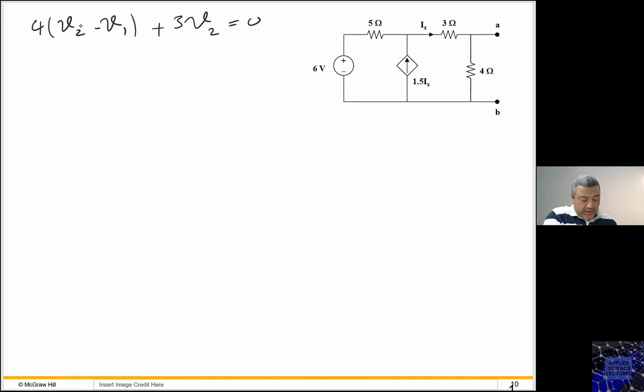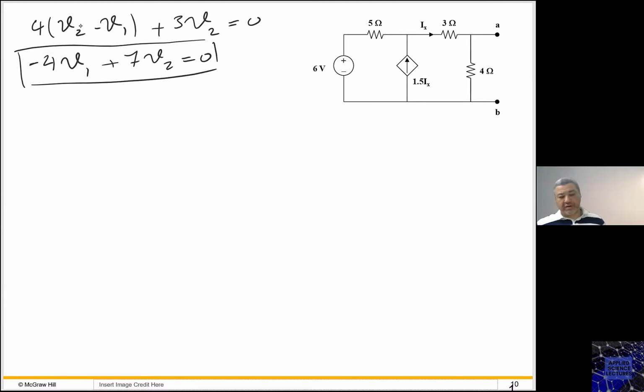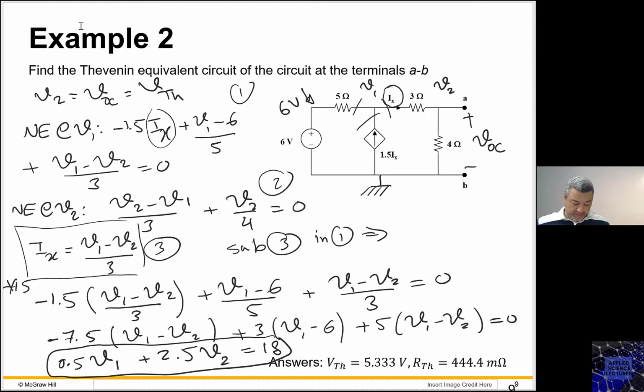So I have here minus V1, 4 plus 3, 7 V2 equals 0. Those two equations. If you solve those two equations, you get the V open circuit. So what do we have here?